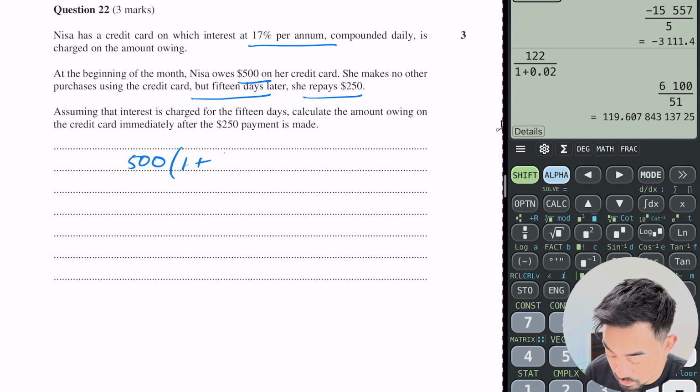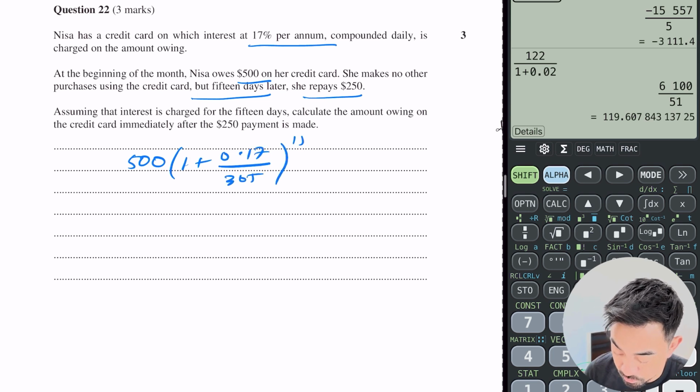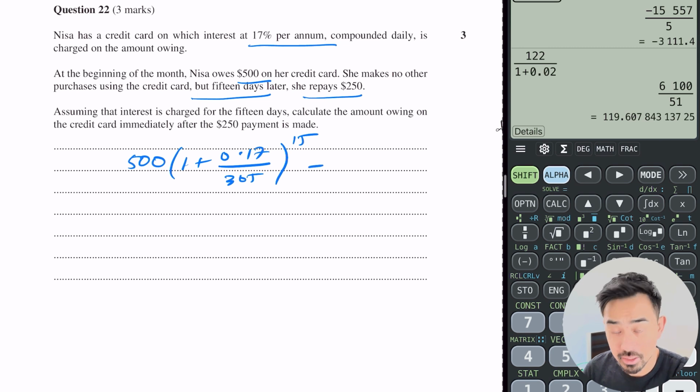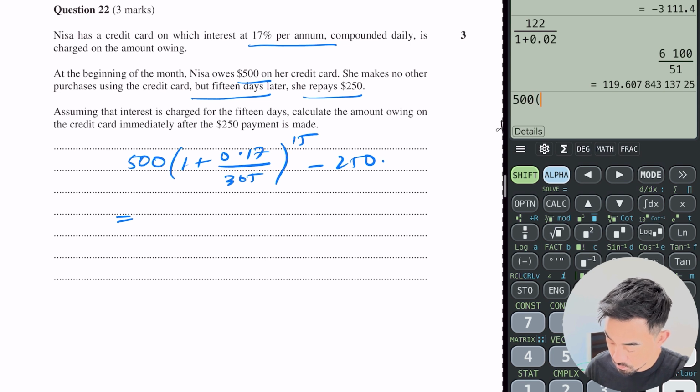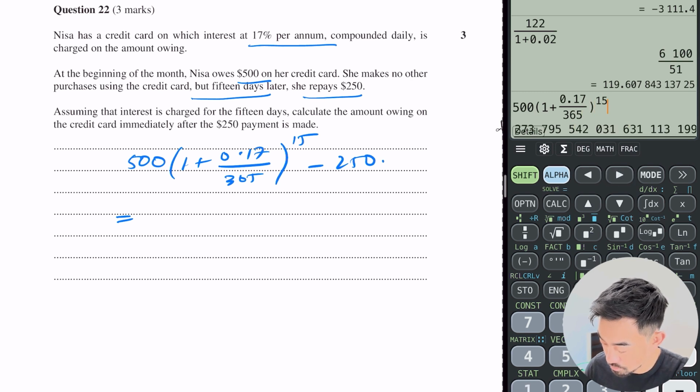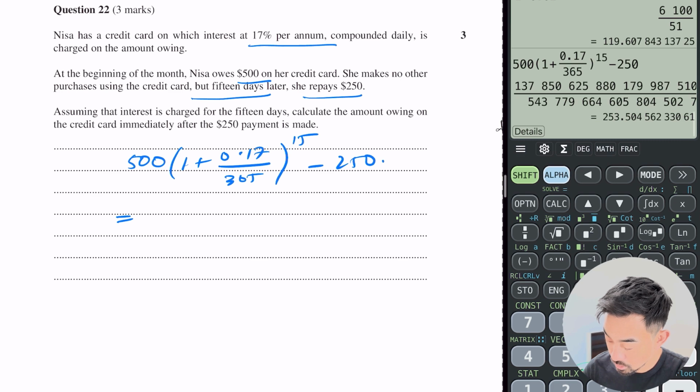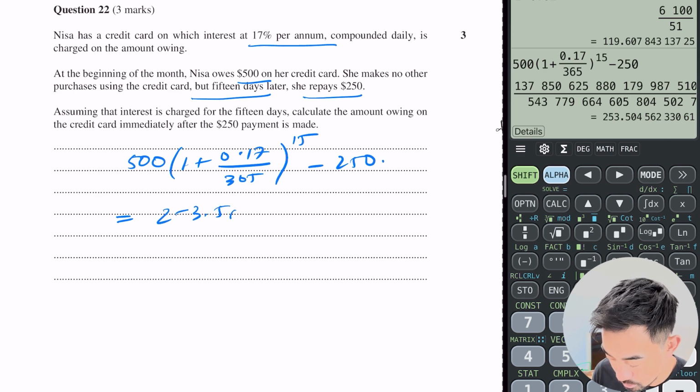So it's going to be 500 times 1 plus 0.17 over 365 to the power of 15, minus the 250. You can just put that all in the calculator in one go. So she's going to owe $253.50.